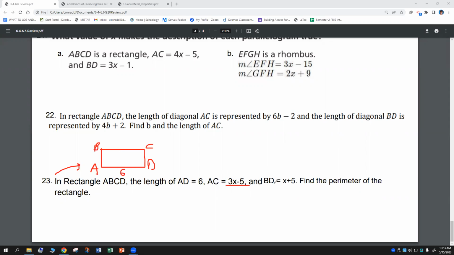And the length of BD is x plus 5. So those are the diagonals again. So we're going to set them equal to each other. So 3x minus 5 equals x plus 5. Subtract x on both sides. Add 5 to both sides. And then divide by 2, you get x equals 5.